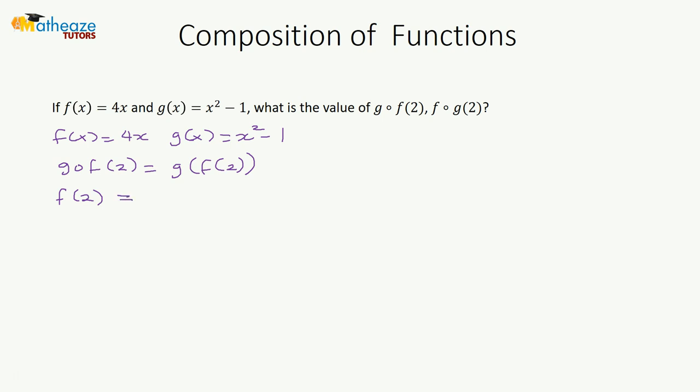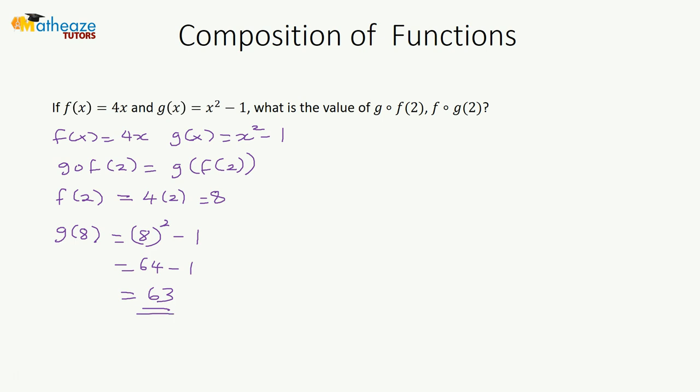So f of 2 is 4 times 2, which is going to be 8. And then we now have 8 as an input to g of x. So it's going to be g of 8, which is going to be 8 squared minus 1, which is 64 minus 1, which is going to be 63.